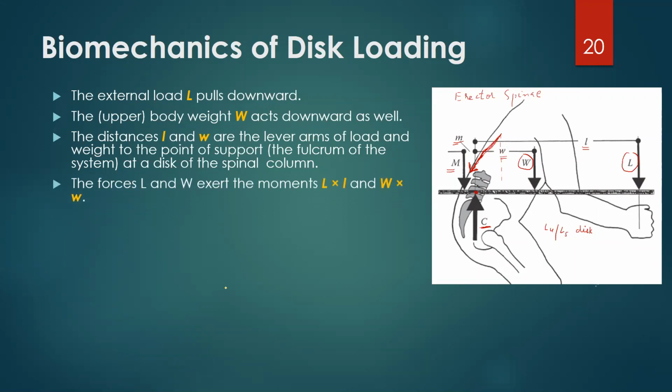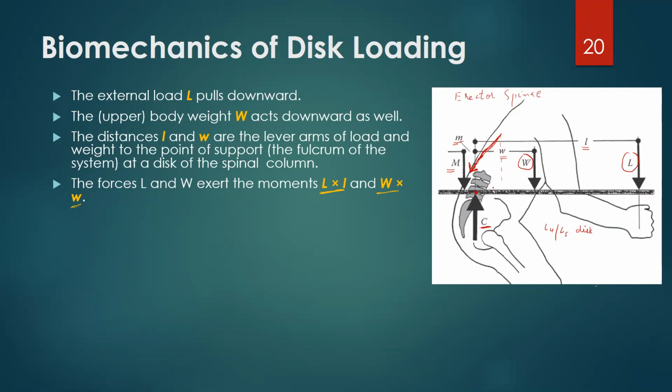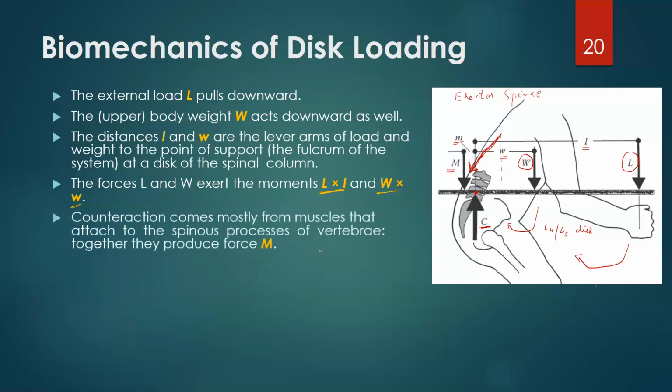The forces capital L and W exert the moments capital L into small l, that is force into distance, and capital W into small w, that is also force into distance. And you can see that both these forces will have a tendency to create clockwise torque around this point. So the torques of both these forces, L and W, will be clockwise.